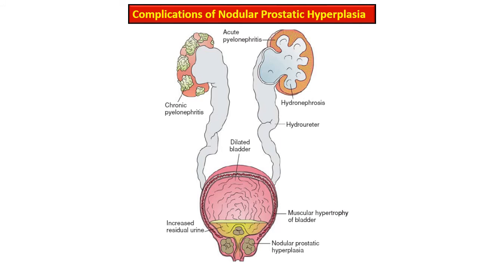That is the factor responsible for hydroureter and hydronephrosis, that is the dilatation of the pelvic-calyceal system of the kidney, and recurrent UTI is also one of the complications, as this stagnant urine is predisposed to infection, and it will result in acute cystitis, or if this infection ascends, acute pyelonephritis.